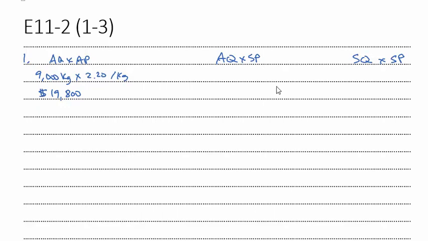Well, the standard is 4.2 kilograms, so 4.2 times 2,000 is 8,400 kilograms at a price of $2 per kilogram. Doing the math, we get $16,800. Actual quantity 9,000 at standard price $2 is $18,000.